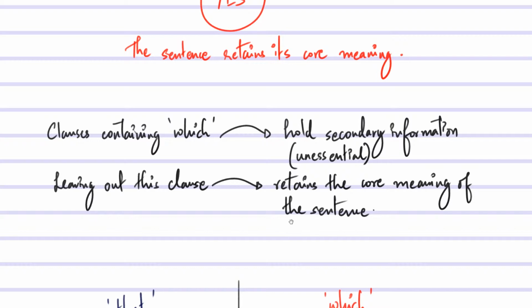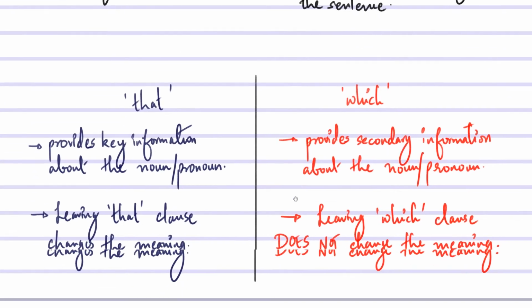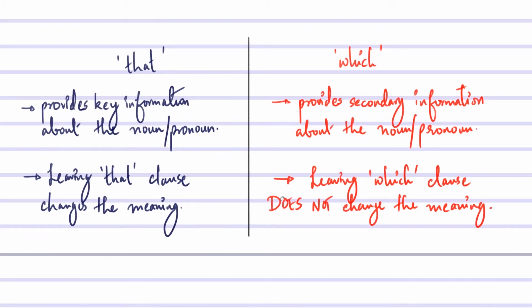Okay? So to quickly summarize, the relative pronoun that is used to provide key information about the noun or the pronoun of that sentence. Leaving the clause which contains that changes the meaning entirely. On the other hand, we have the relative pronoun which is used to provide secondary information about the noun or the pronoun.